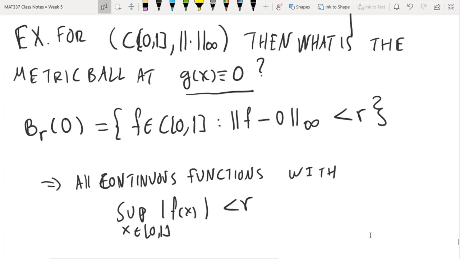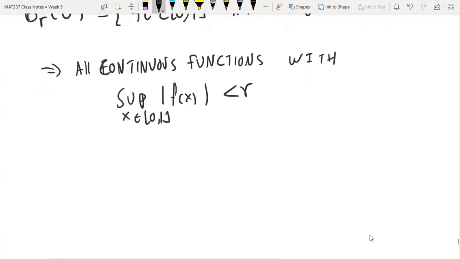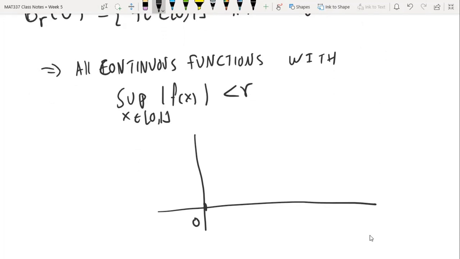So pictorially, let me draw it. This is 0, 1. This is an arbitrary continuous function. And this is the bound r.